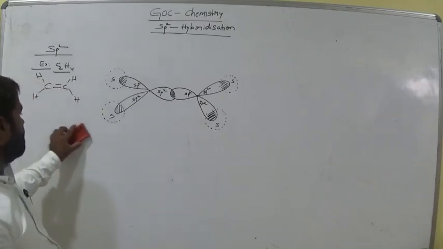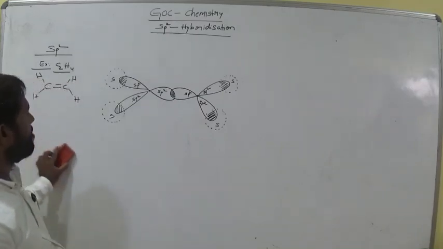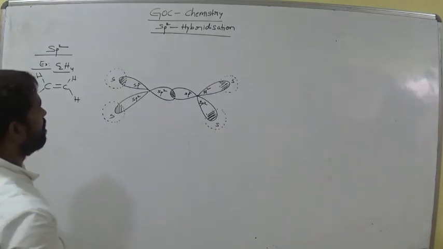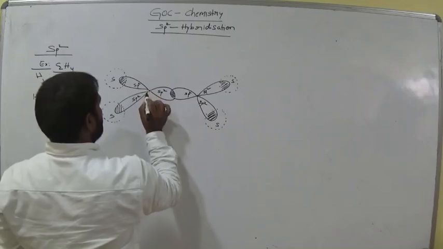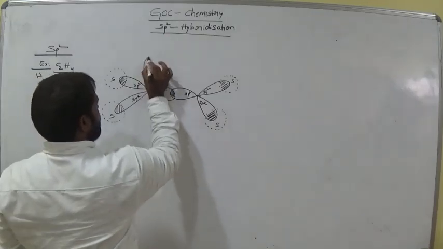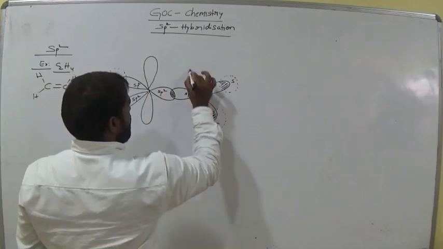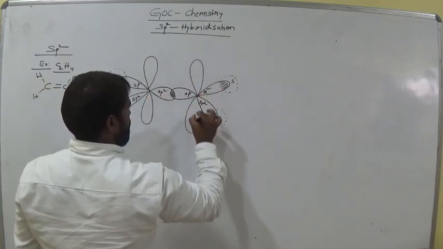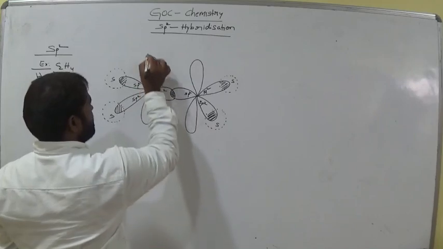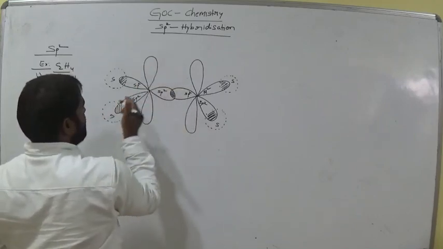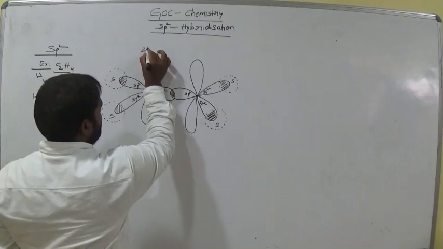Now come to here. This is which orbital of carbon? 2pz, am I right?